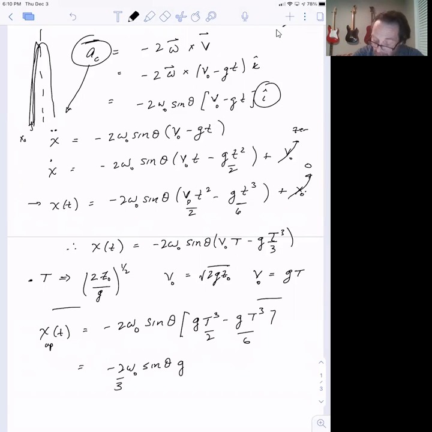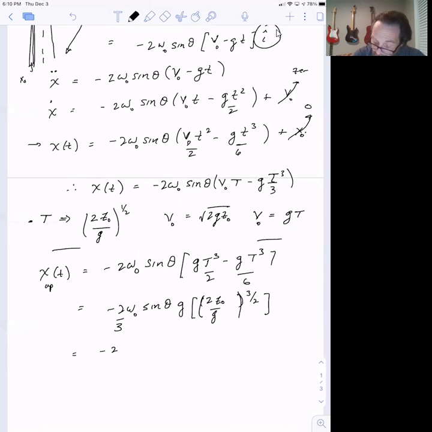So I'll bring that out here. And I'm left with, where's T cubed? T is right here: 2 z naught over g, to the power 3/2. And this is then minus 2/3 omega naught sine theta.